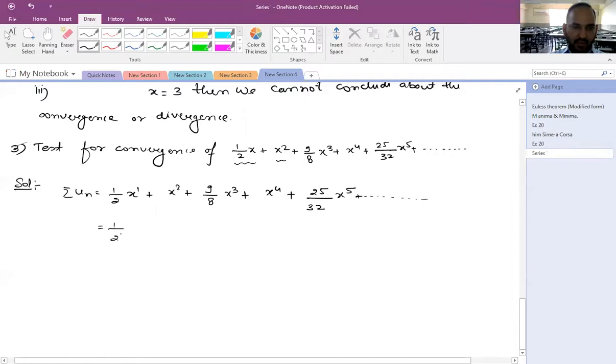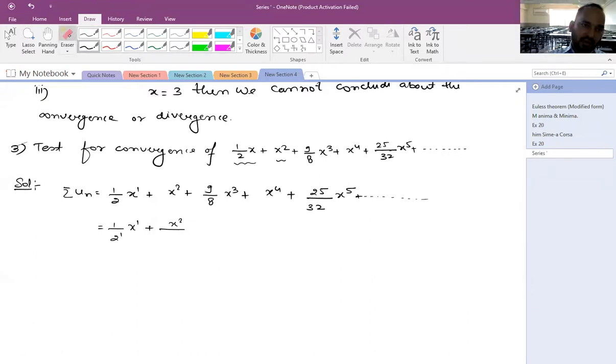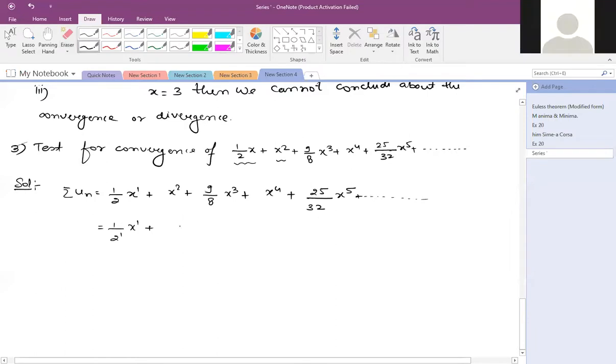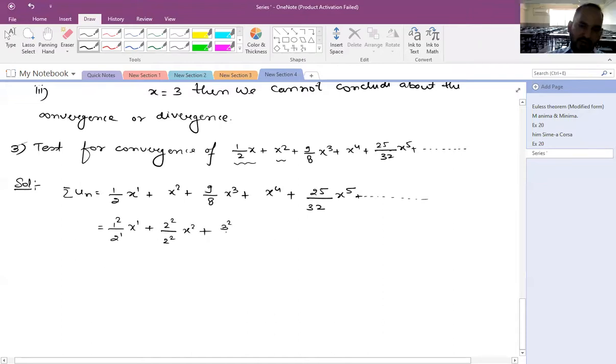Yes, denominator तो 2 का पावर दिख रहा है, x raised to 1 और अपर वाला उसके पावर का स्क्वायर. अगर मैं 2 स्क्वायर लिखता हूँ, यहाँ पे 1 स्क्वायर, ये 2 स्क्वायर बाई 2 स्क्वायर x स्क्वायर, तो ये 3 स्क्वायर बाई 2 क्यूब x क्यूब, ये 4 स्क्वायर बाई 2 raised to 4 x raised to 4, ये 5 स्क्वायर बाई 2 raised to 5 x raised to 5, and so on.